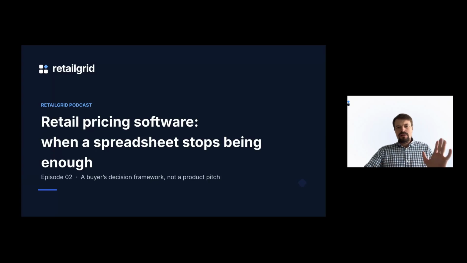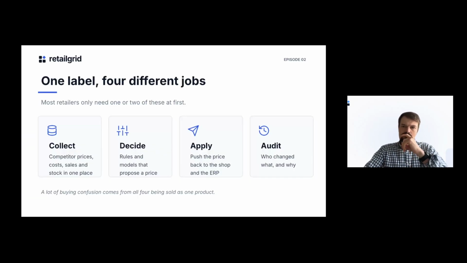And let's maybe forget about tools and think about what we really do in terms of pricing, right? When we are managing prices, there are, I'd say, four simple steps.